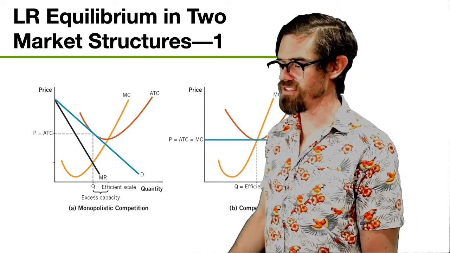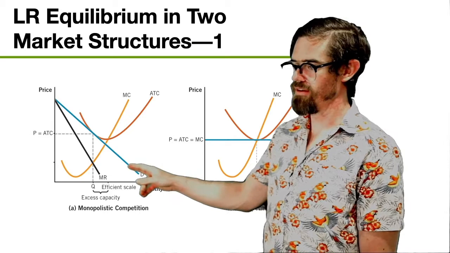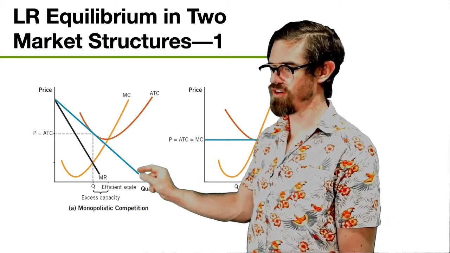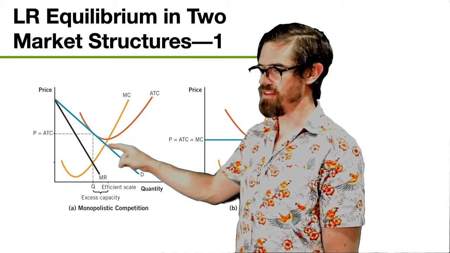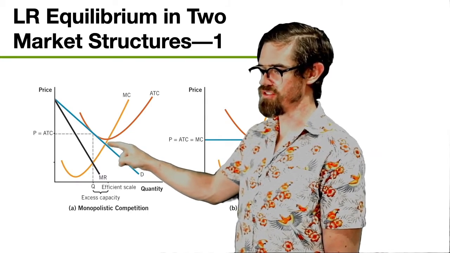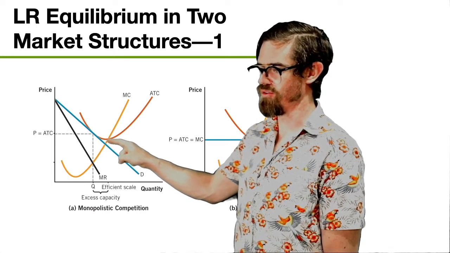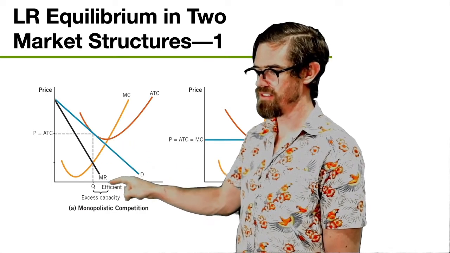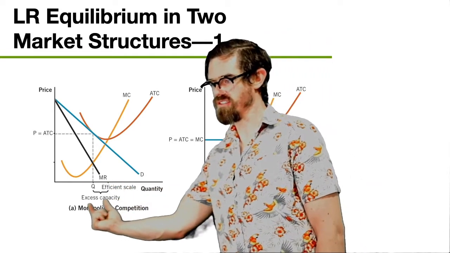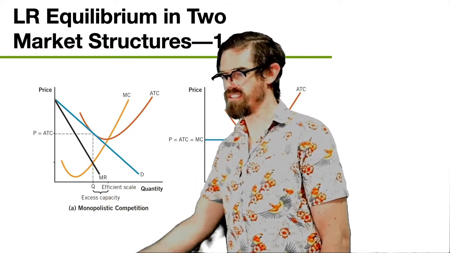And basically, we've got what's called excess capacity. So if this firm were to produce the efficient level of output, which is basically the efficient scale where average total cost is minimized, right? We call that excess capacity. So this bit right here is excess capacity.